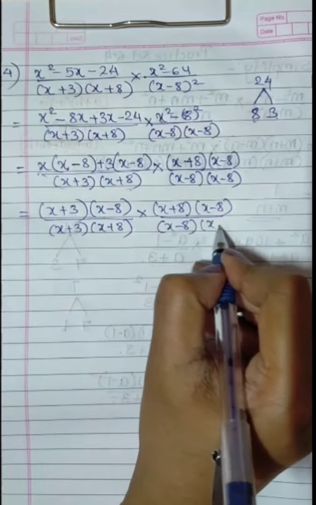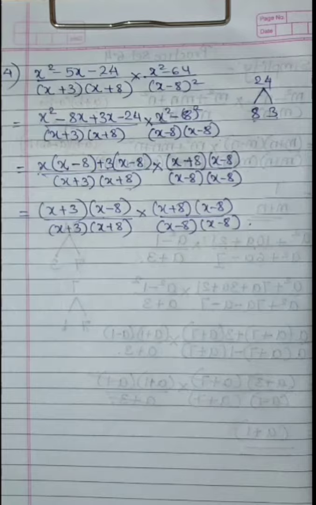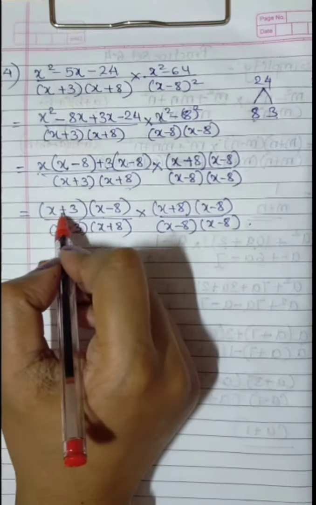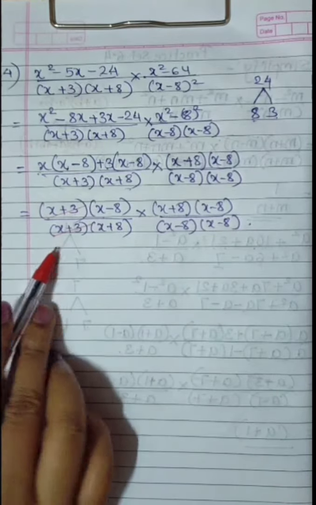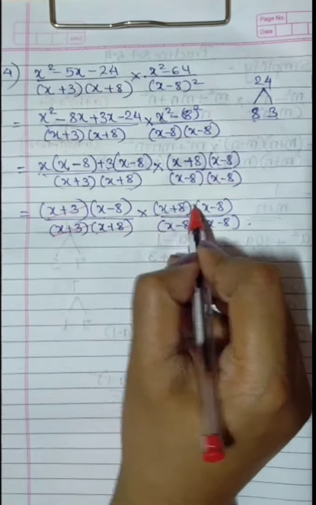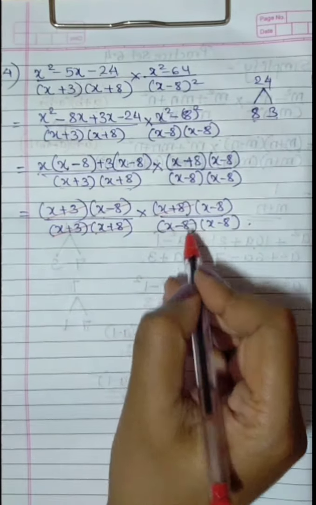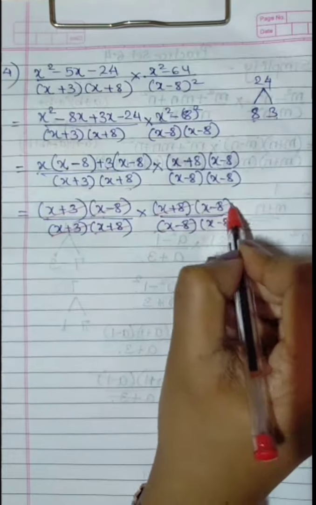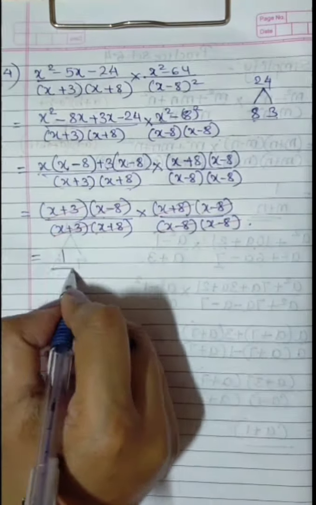Okay, now we have to see which is going to be cancelled. See here, x plus 3 cancels, and here x plus 8 and x plus 8 cancel, x minus 8 and x minus 8 get cancelled, this also gets cancelled, and we got the answer as 1.